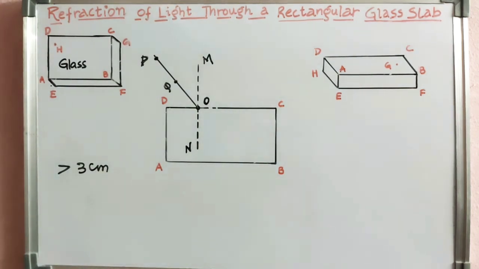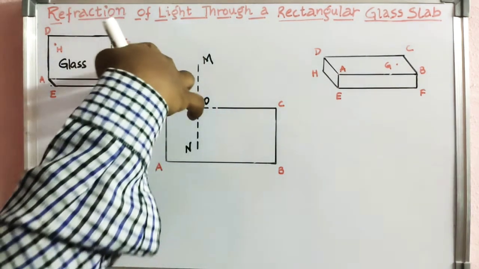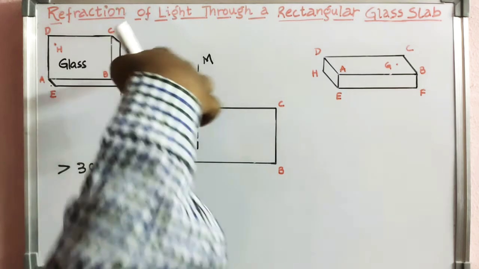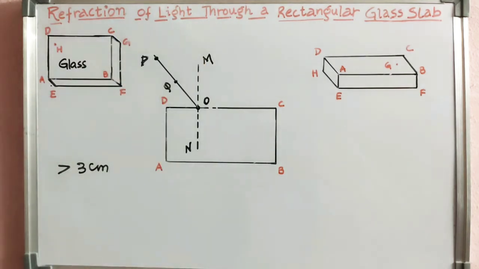What is the significance? So you have taken 2 pins which you have pierced perpendicular to the paper on this line. Correct? Next, after piercing them, what you will do?